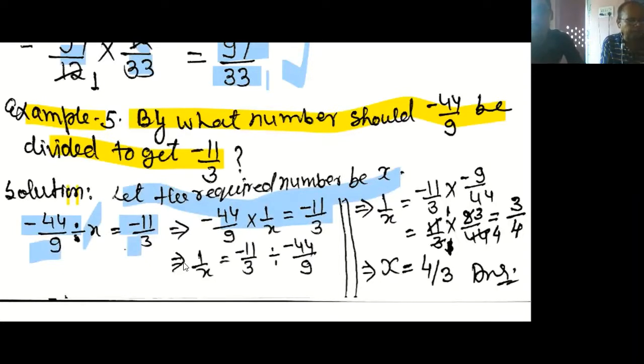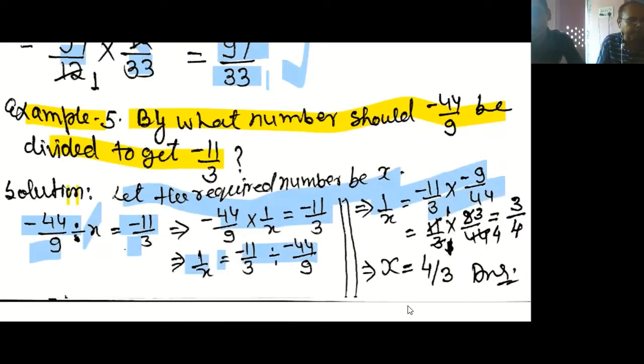Transposing minus 44 upon 9 to the right side, we get 1 upon x equal to minus 11 upon 3 divided by minus 44 upon 9, multiply changes into divide. So 1 upon x equal to minus 11 upon 3 into minus 9 upon 44.